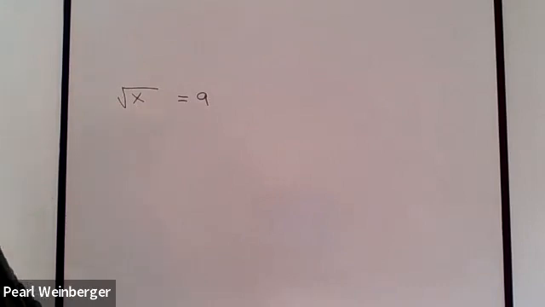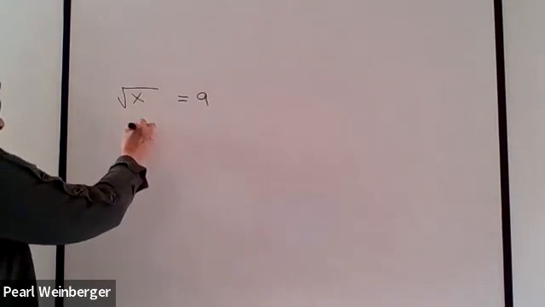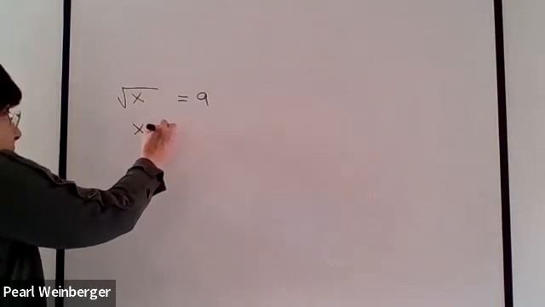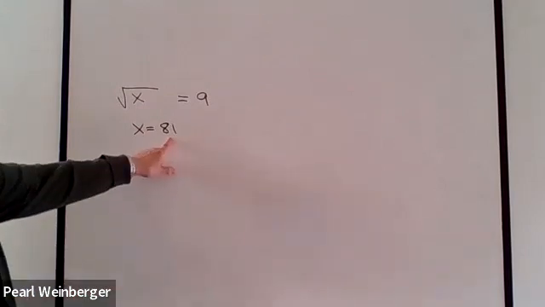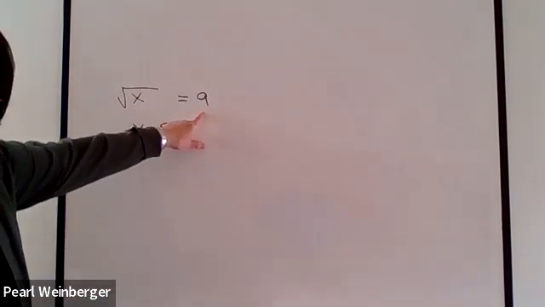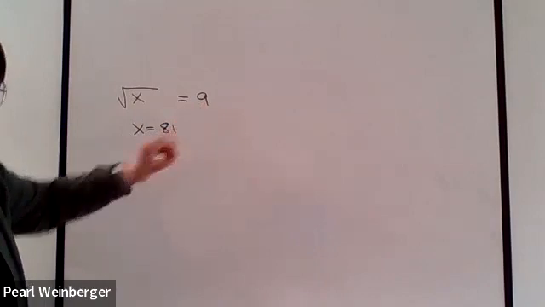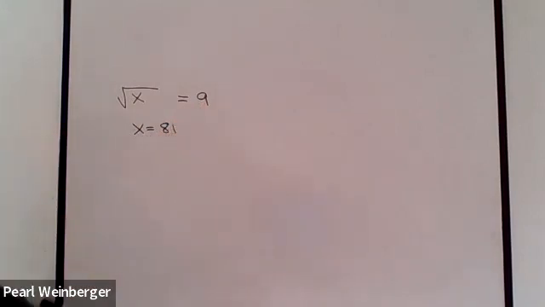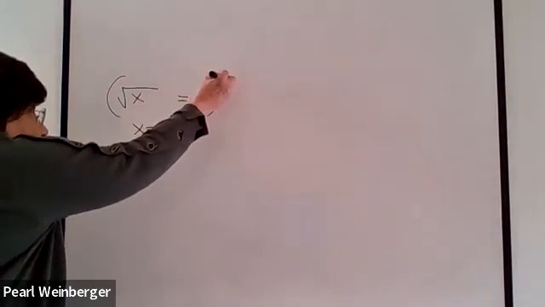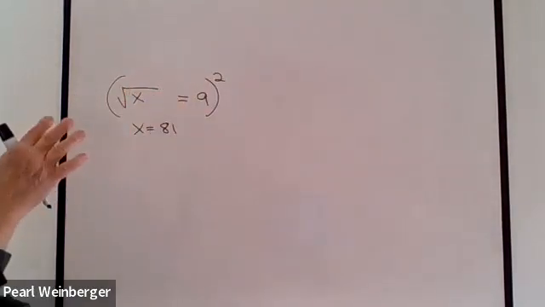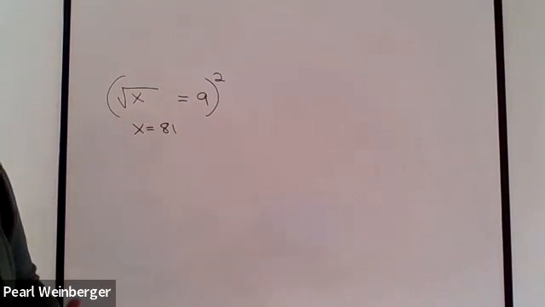I think if you really think about it, you'll see that x would have to be equal to 81. Because if you take the square root of 81, you're going to get 9. So let's think what we actually did. We wanted to get rid of the radical. The radical says take the square root.